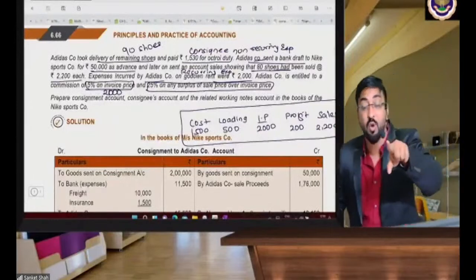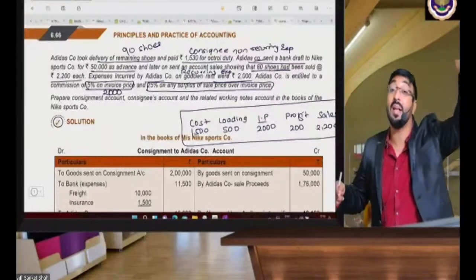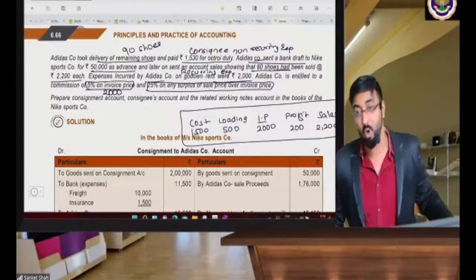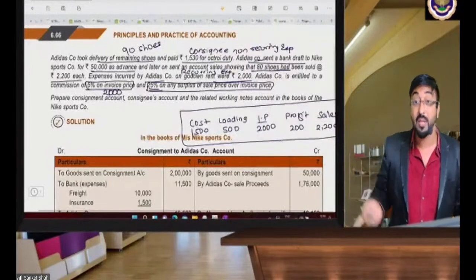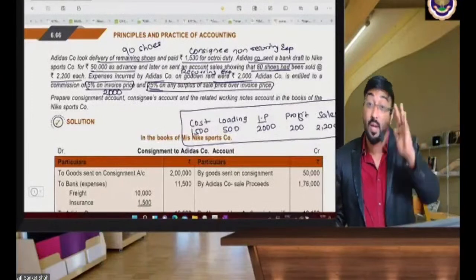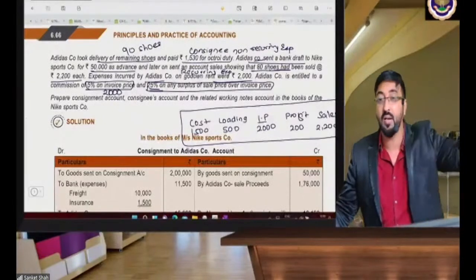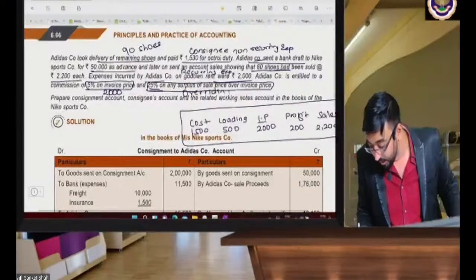Now you got this concept. Overriding means extra than invoice price, anything in excess of invoice price. Ordinary commission is separate. So this 25%, the surplus given over the invoice price from the sales price, is called overriding commission. So you can write over here, overriding commission.